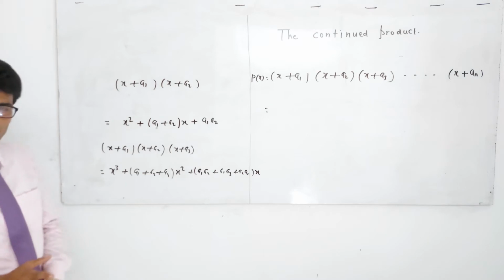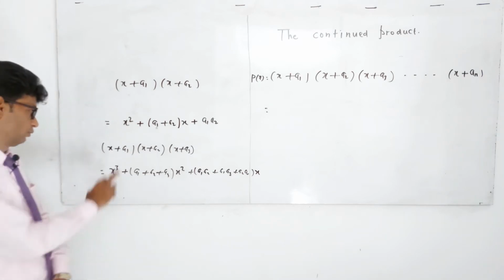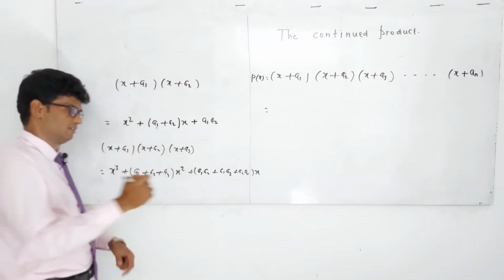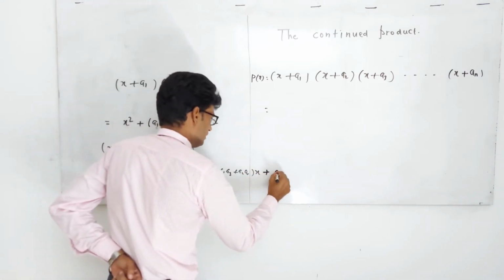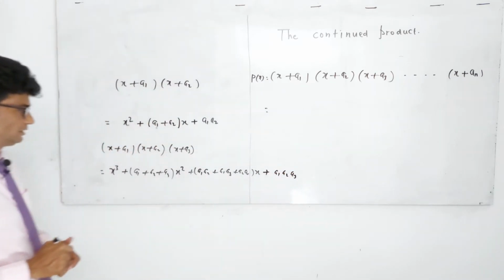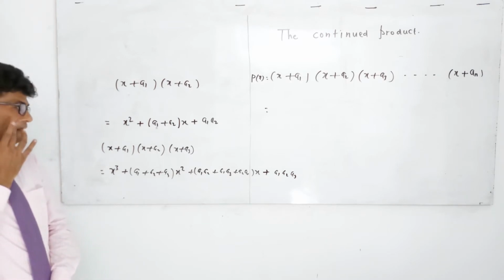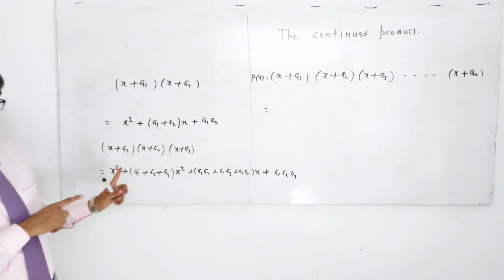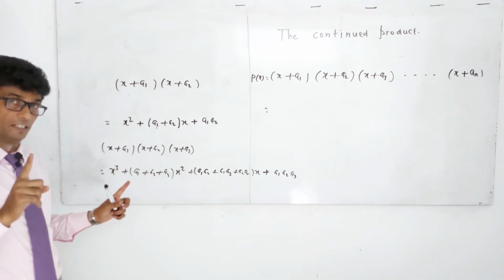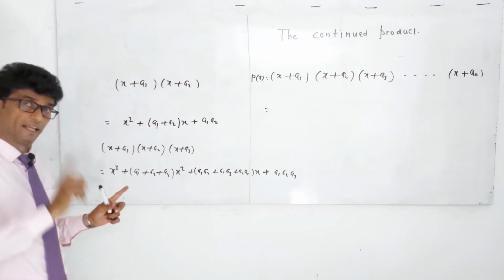Now finally numbers from all three factors. So a1 a2 a3 multiplied together. So it becomes a1 a2 a3. Now we have succeeded in multiplying these three factors. But mind you, in each factor the coefficient of x must be unity. If not, then we have to make it so first and then apply this trick.